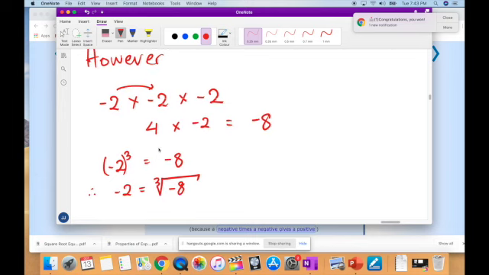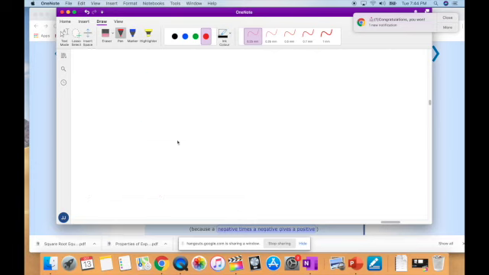So, yes, we can have the cube root of a negative number. Caitlin, you understand this? Shazay, you okay with this? Yes, sir. So you all see why you could have the cube root of a negative number, but you could never have the square root of a negative number.